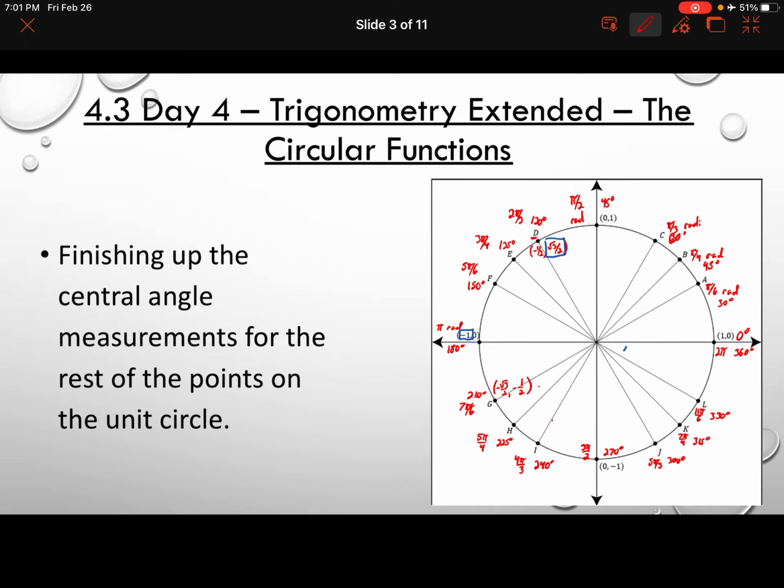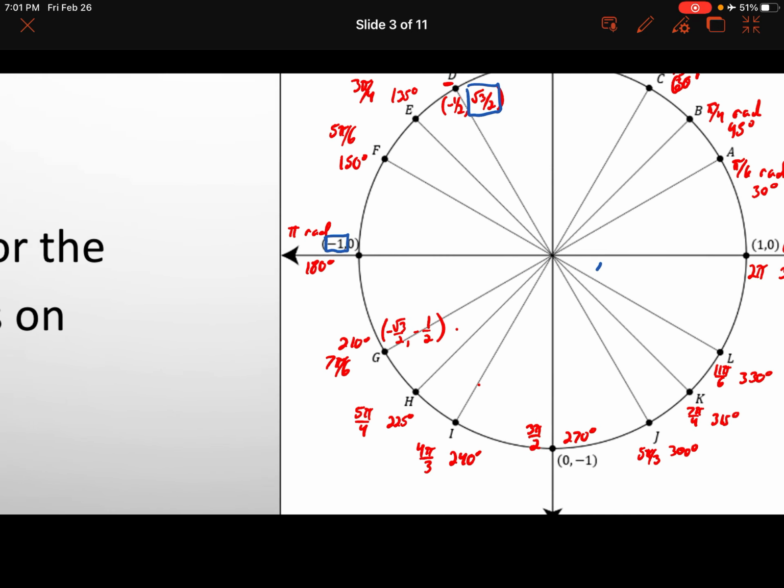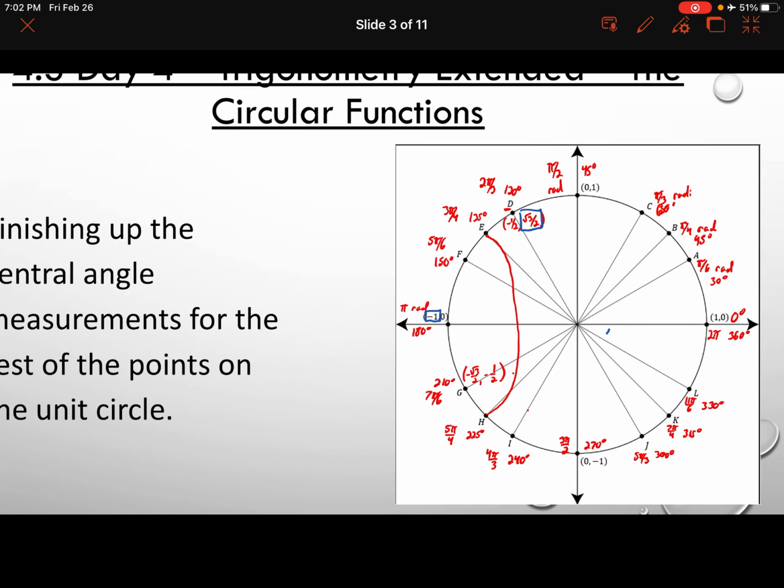Once again, we're going to the opposite side of the x-axis, the x-axis, not the y-axis. Since we're looking for the negative one, that would correspond to point E. And then we just look up the x value since we're looking for cosine. Okay, so that's one way to do it.